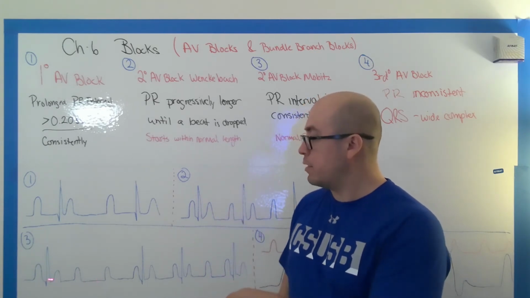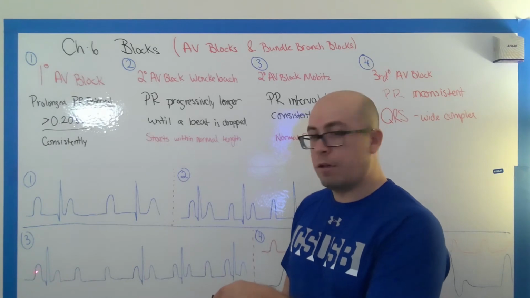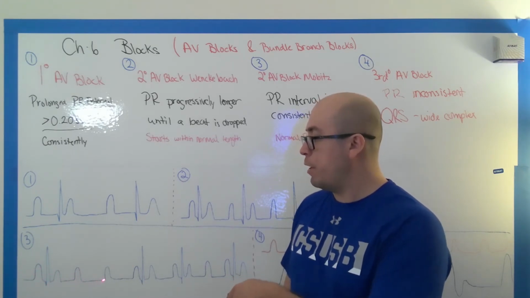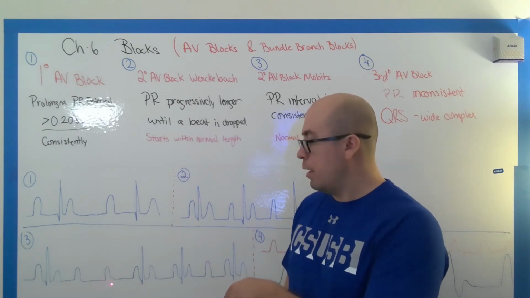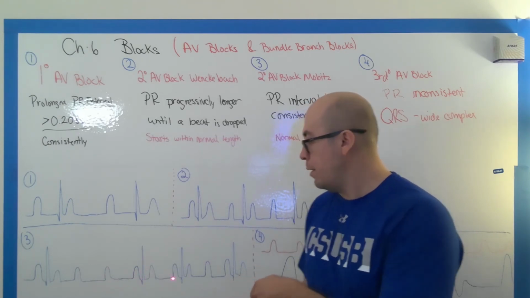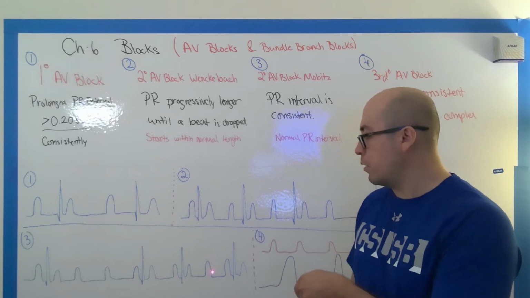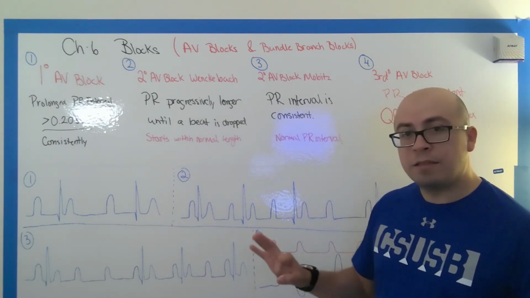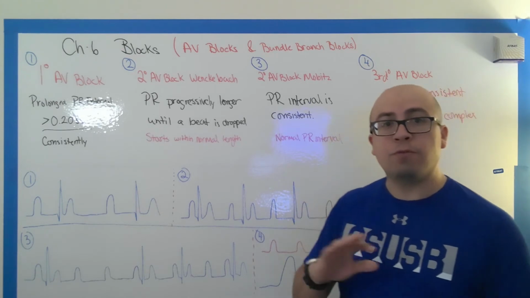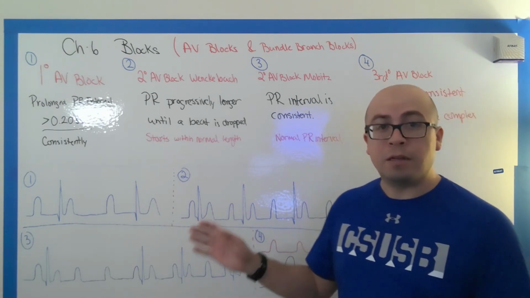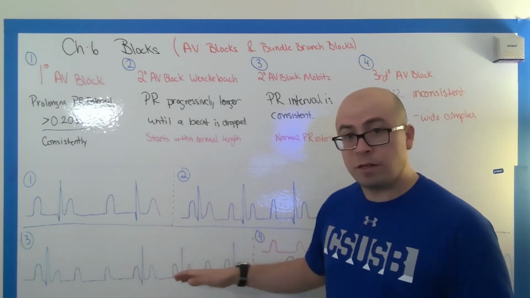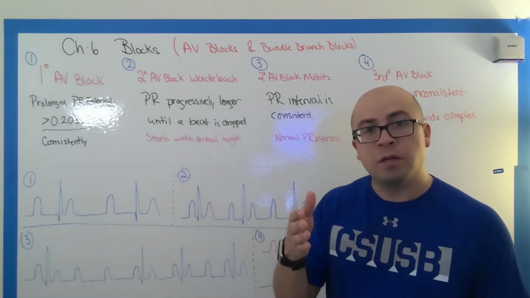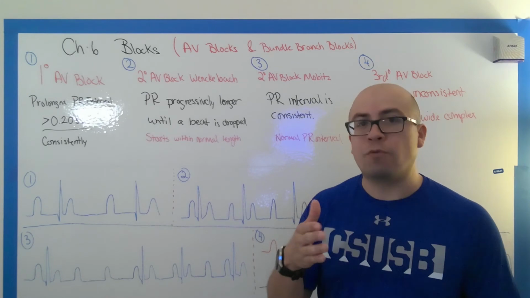So in this example here on the board, we have a sinus beat, a non-conducted P wave, followed by another non-conducted P wave, followed by a sinus beat, then another sinus beat, a non-conducted P wave, and a sinus beat. So here we have 3 instances where we had a P wave with no QRS, meaning that doorway that we discussed just a second ago, instead of creeping closed, is slamming shut randomly.